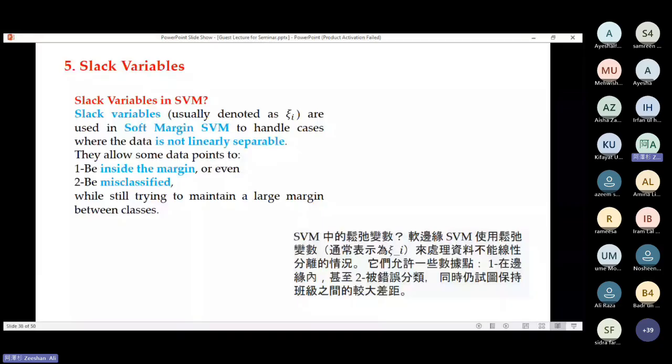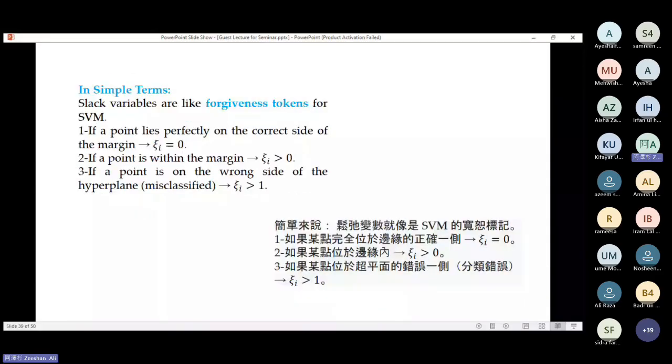They increase the margin between every point. They allow some data points to be inside the margin or even be misclassified while still trying to maintain a large margin between classes. In simple terms, slack variables are like forgiveness tokens for the support vector machine.